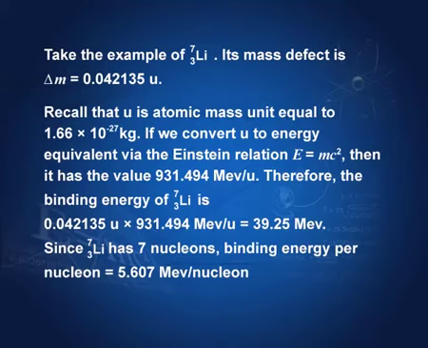So, we can find the binding energy in MeV, and since there are 6 nucleons in lithium, the binding energy per nucleon is 39.25 divided by 6, which is 5.607 MeV per nucleon. So, that is how we find the binding energy. Take the mass defect, multiply by c squared and divide by the number of nucleons in that nucleus.